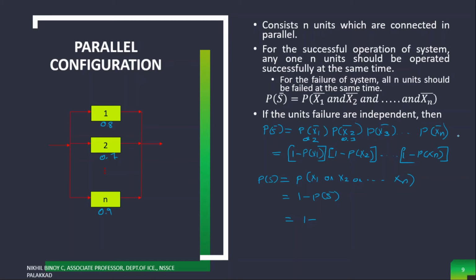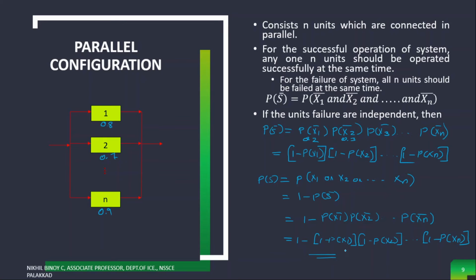If you have this value, then I can directly write 1 minus P of x1 bar into P of x2 bar into and so on, into P of xn bar. If you don't have this value, then we have to apply this one. So this is equal to 1 minus P of x1 into 1 minus P of x2 into and so on, into 1 minus P of xn.